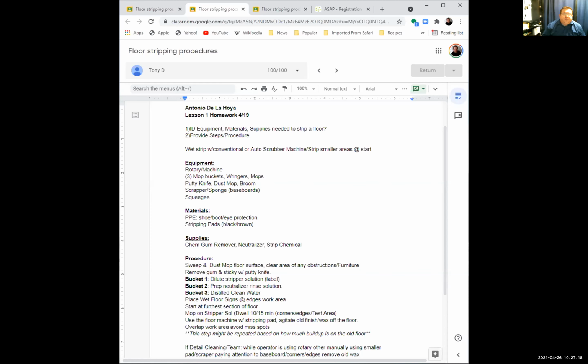Mark: I'm just curious, in regards to that room, when determining manpower, does the equipment you use, such as an auto scrubber, change the manpower hours, or is it absolutely based off the square footage?